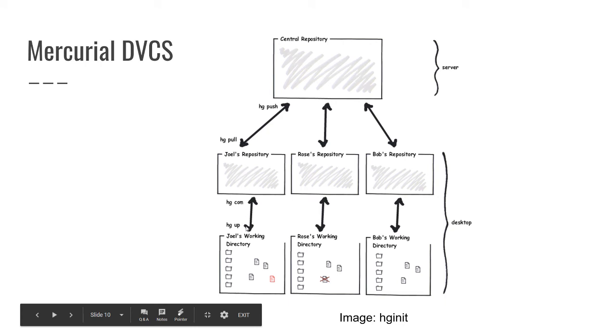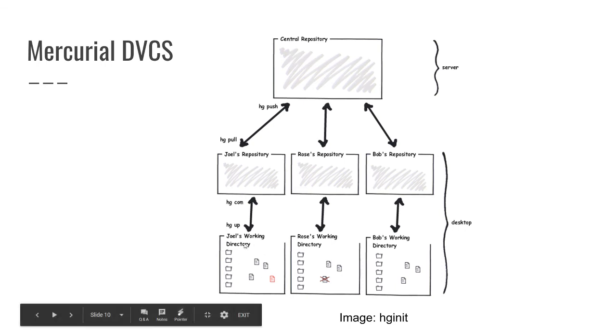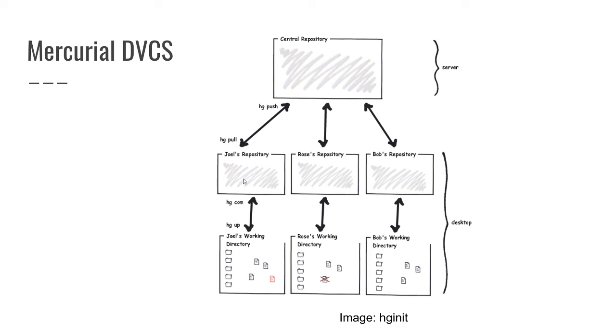And so that's the repository that they're interacting with the most. They have their working directory where they make their changes, and everybody's working directory can be different. And they hg commit to make changes to their repository, and then hg update to get those changes into their working directory if their repository gets changed. And then from that local repository, they can push changes to share with everyone else.